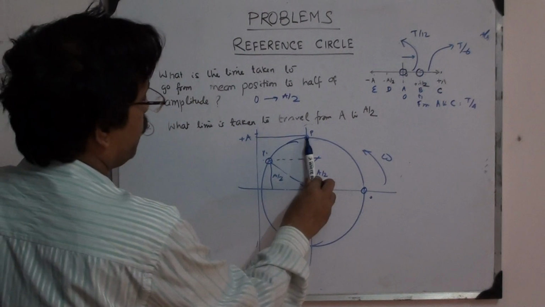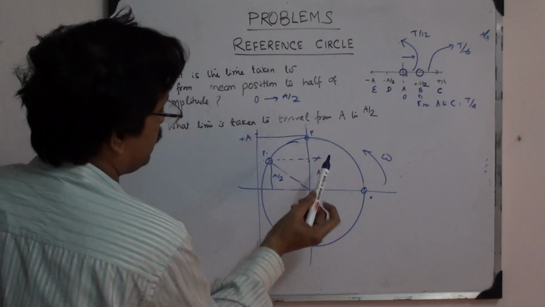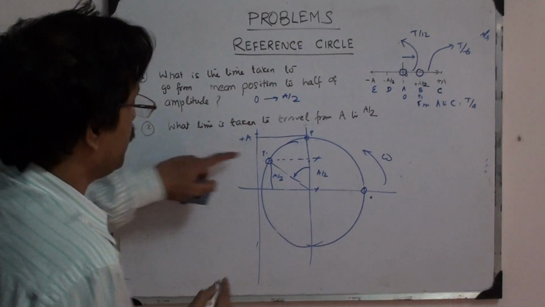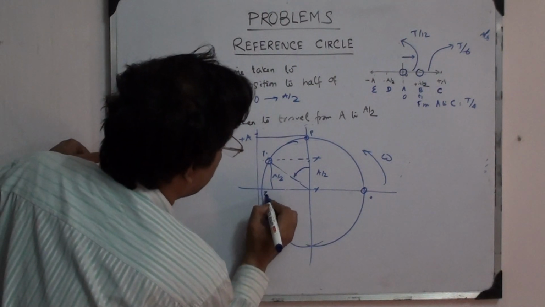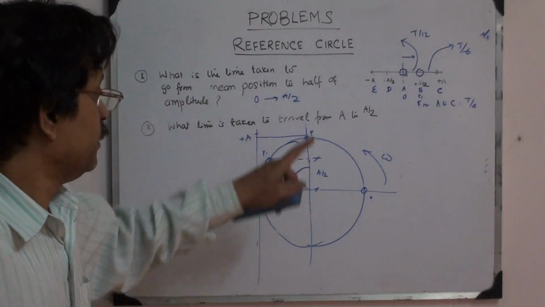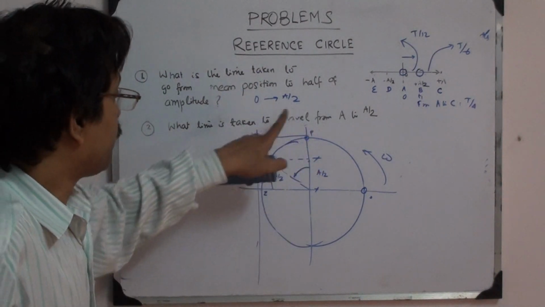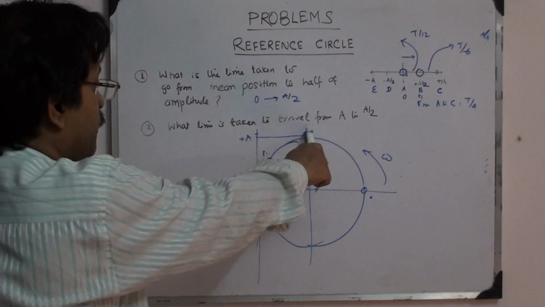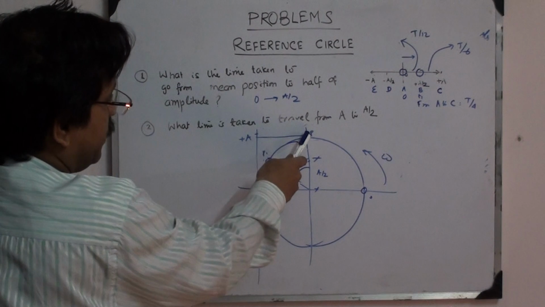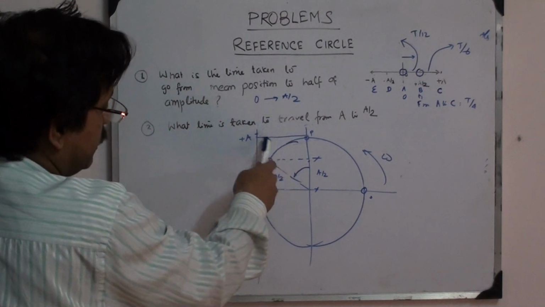That is from this point to this point. That means the angle turned will be this. Don't confuse it with this angle. Interpret this carefully. From A to A by 2, the body turned like this, it reached A at point P. Then it comes back.